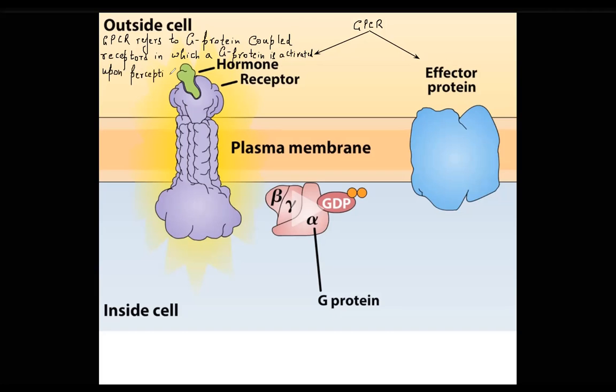So whenever a signal is received, a G protein is going to be activated. Such types of molecules are called GPCR, G protein coupled receptors.